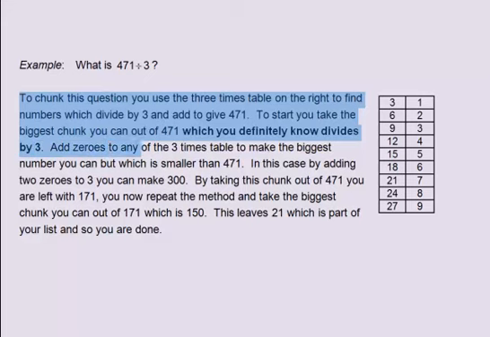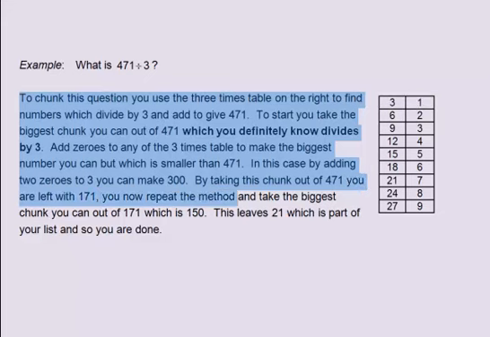Add zeros to any of the 3 times table to make the biggest number you can, but which is smaller than 471. In this case, by adding 2 zeros to 3, you can make 300. By taking this chunk out of 471, you are left with 171.